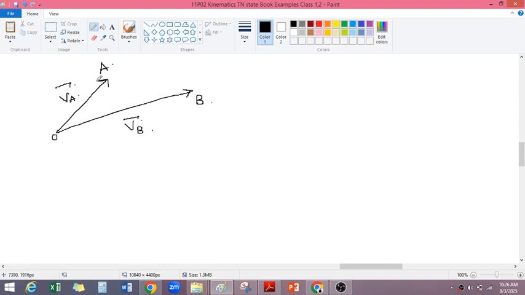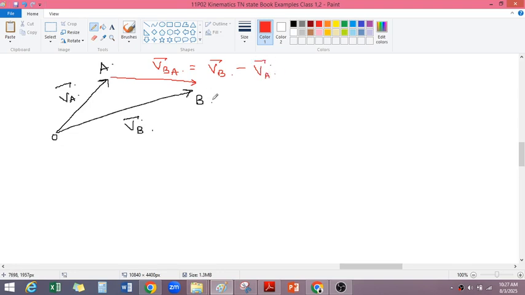Imagine that one car is going in this direction, another car is going in this direction. Now if somebody asks you what is the relative velocity of B with respect to A, then it will be final minus initial. So VBA is equal to VB minus VA.